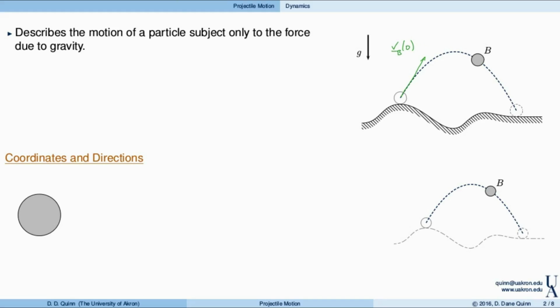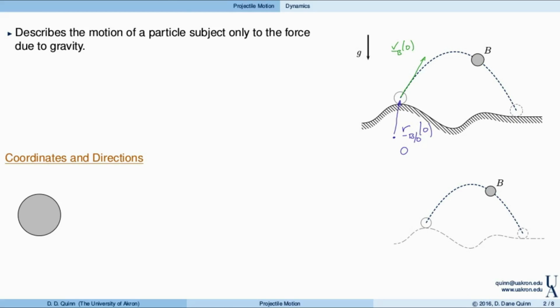And in addition, if we identify an origin, O, say here, then we have the initial position of this ball as r b with respect to O, again at time 0. So again, given these initial conditions, the ball follows this trajectory and then maybe hits the surface here at the end point.